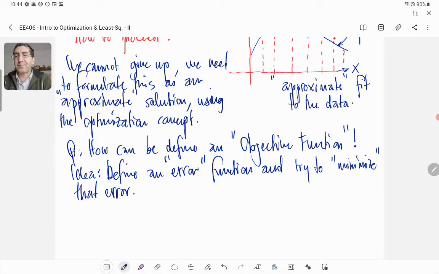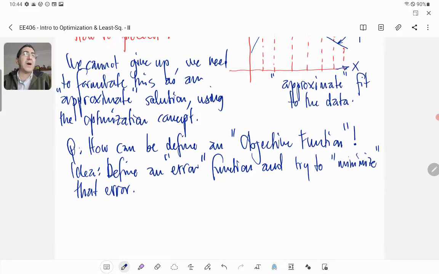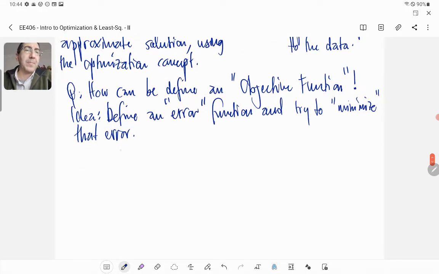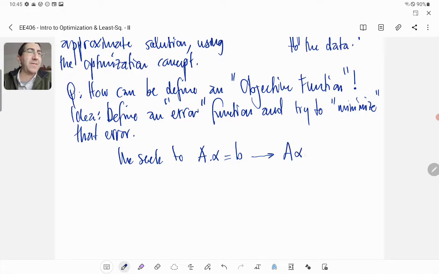Okay, so how can we define our error? Remember, we seek a solution to A times alpha equals B, which we cannot solve. So what we can do instead is transform this into A times alpha minus B is equal to 0. Again, something that we cannot solve.